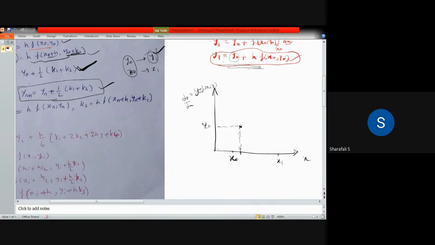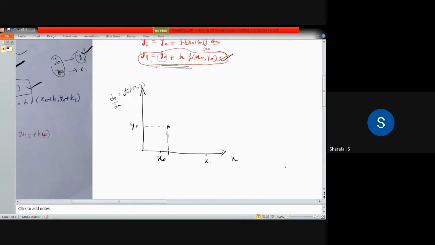And so if you are considering this equation, what does it imply? If you know dy by dx at x equal to x0, y equal to y0, that is f of x0 comma y0. If you multiply that with h, what will happen?